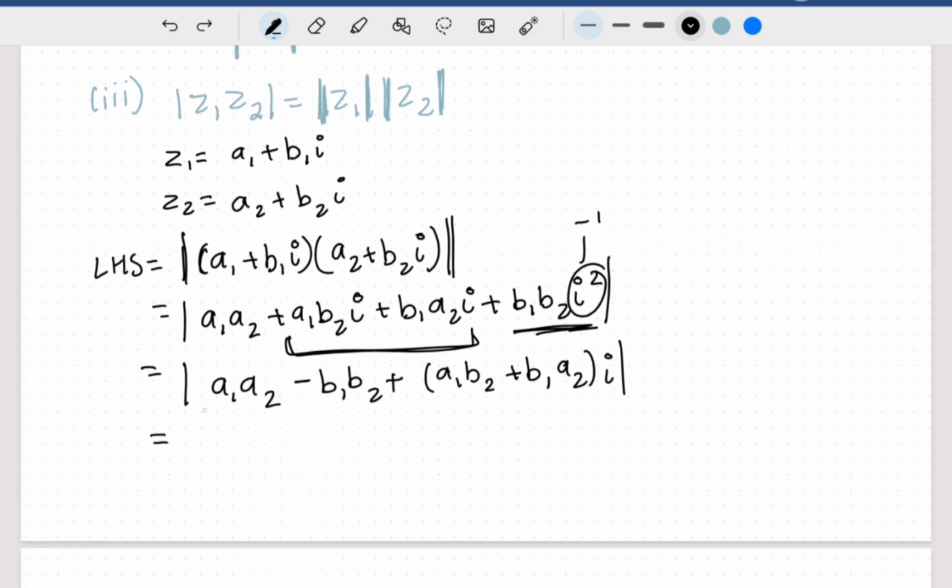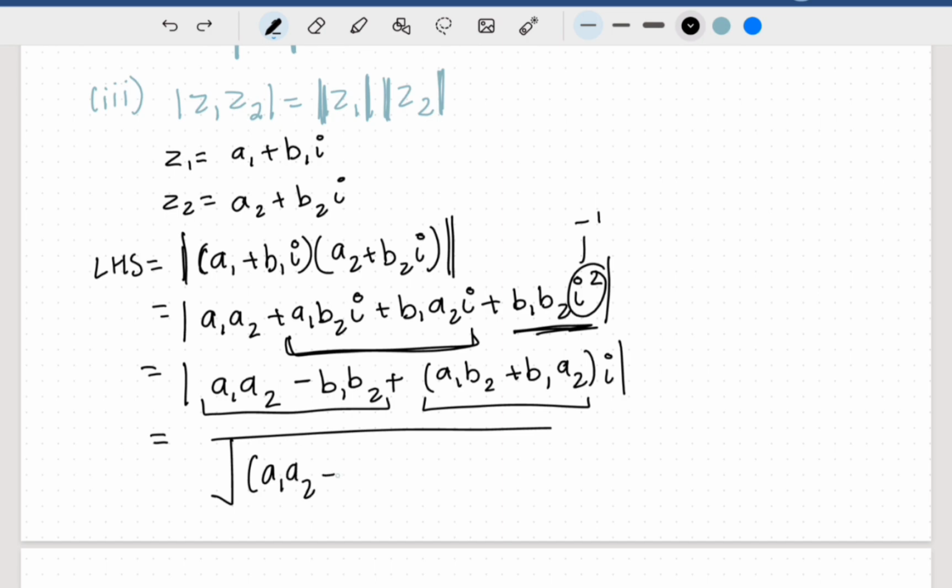The real part of z is this, and the imaginary part of z is this. So that's basically saying the square root of the real part of z, which is a1 a2 minus b1 b2, squared, plus the imaginary part of z squared. The imaginary part of z is a1 b2 plus b1 a2, squared.